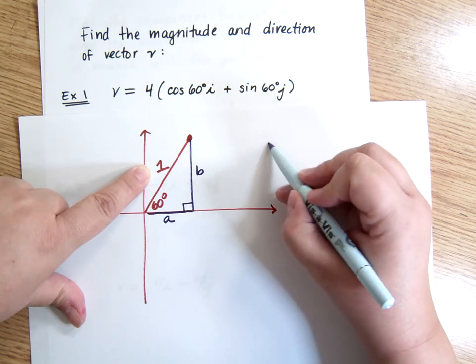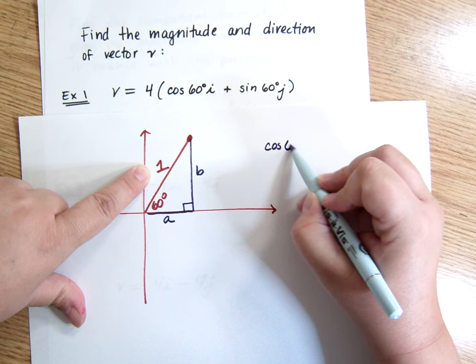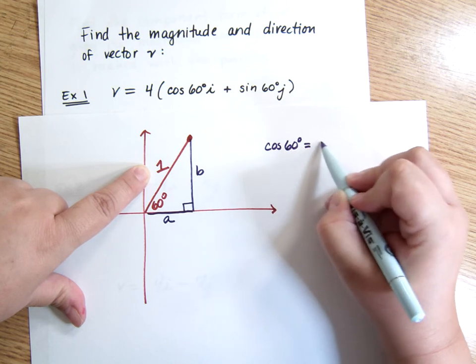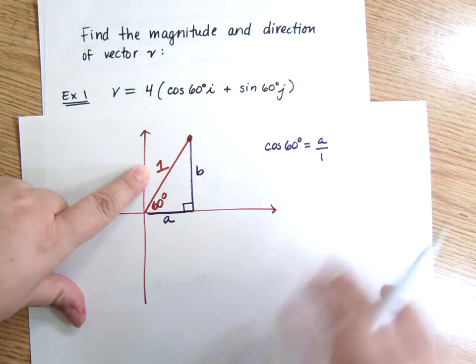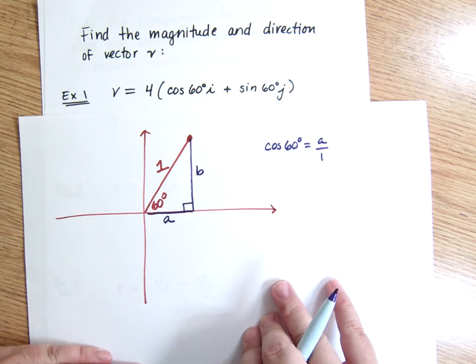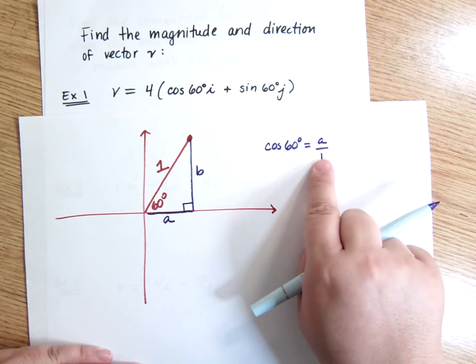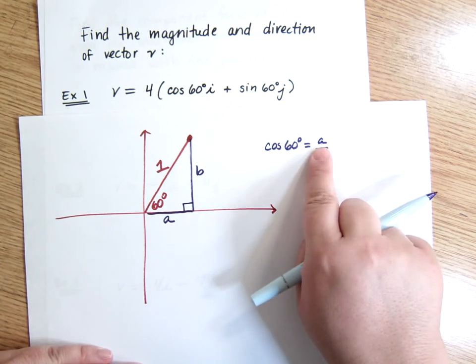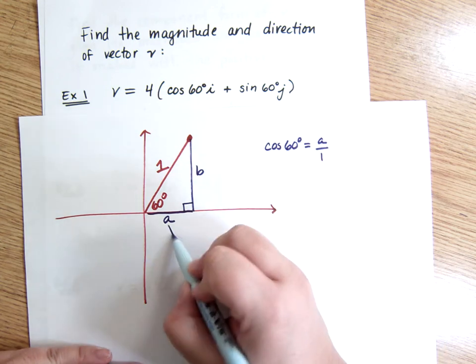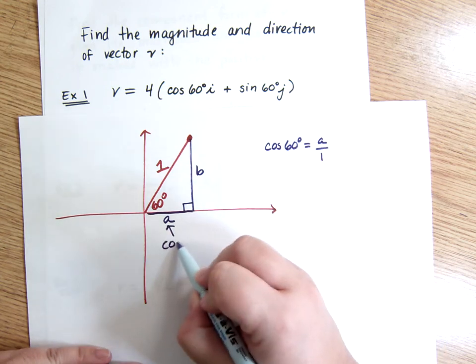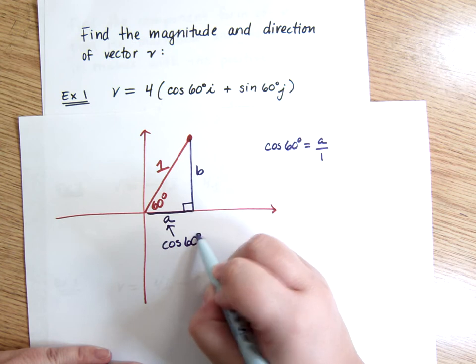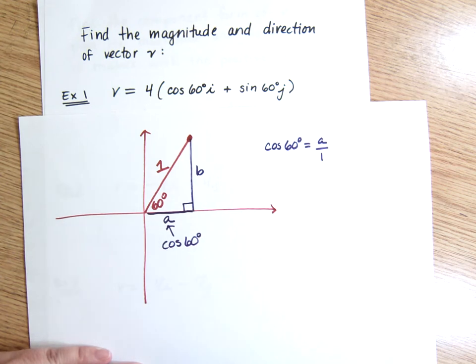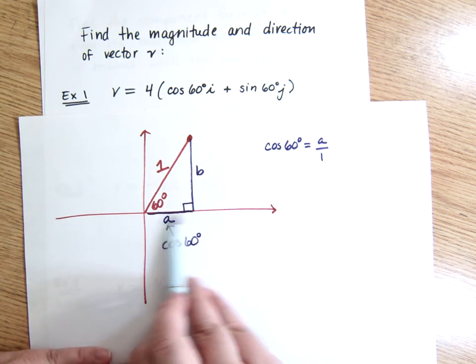So cosine of 60 equals adjacent over hypotenuse. Well, what's anything over 1? It's just that. In other words, cosine of 60 equals a. So for this triangle, my x value, my horizontal component, is just cosine of 60.